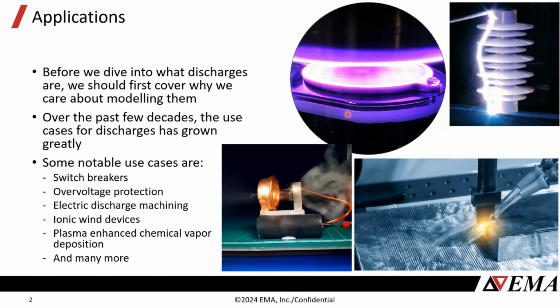There's also plasma-enhanced chemical vapor deposition, a semiconductor manufacturing process which utilizes plasmas to improve the efficiency of the manufacturing process, as well as many more use cases. It feels like every month there's a new use case for plasmas.